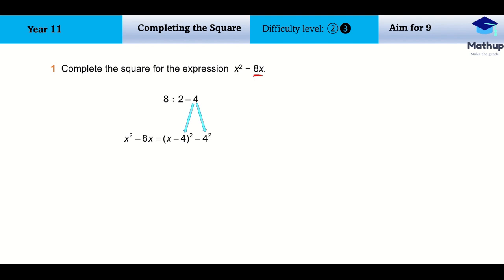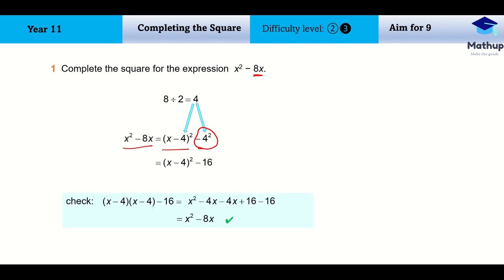So x squared minus 8x equals x minus 4 squared, but we always do an extra minus 4 squared, because if we were to expand the bracket x minus 4 squared, that will expand to x squared minus 8x plus 16. So that plus 16 we're trying to eliminate, so we take away 16 in this question, which is the value of 4 squared. When we do that, we're left with our original quadratic expression x squared minus 8x.